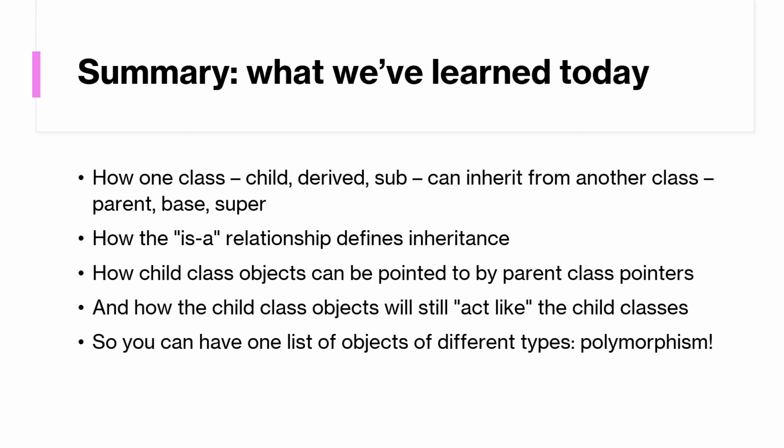And we learned how the child class objects will still act like the child classes because of the magic of pointers and virtual functions. So we learned that you can have one list of objects of different types that all behave like the type they're supposed to behave like, and that is what we call polymorphism.